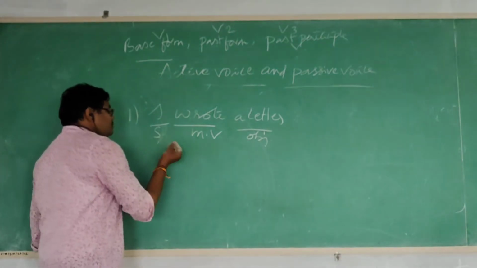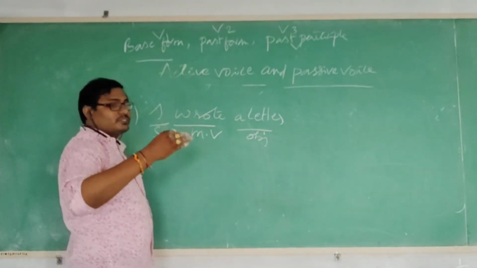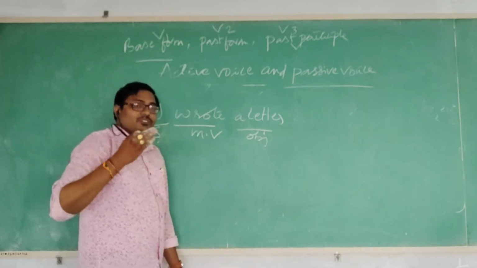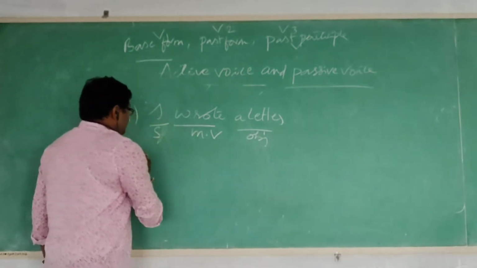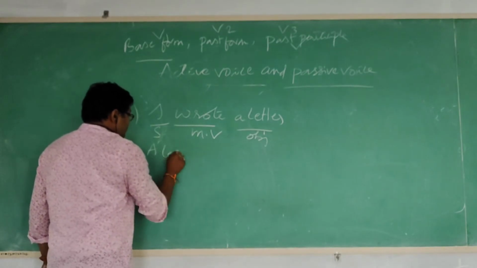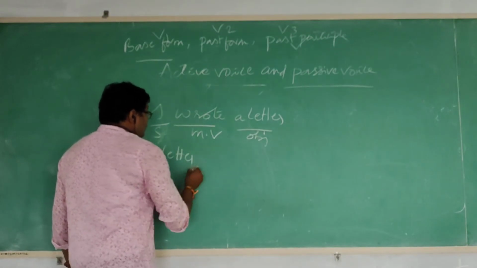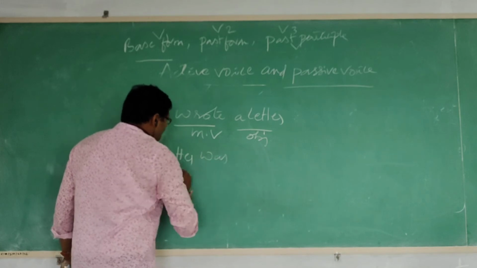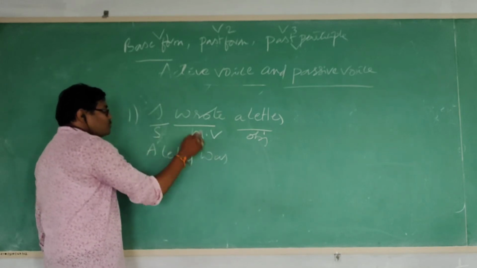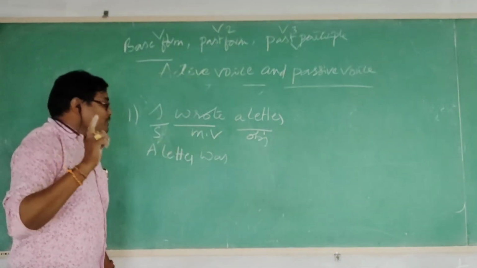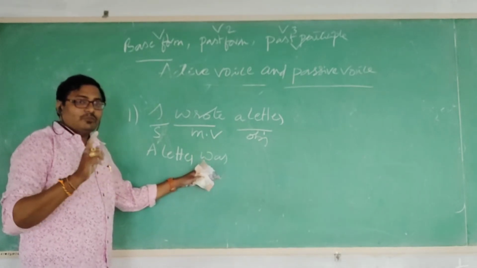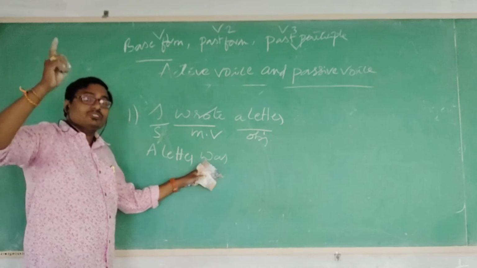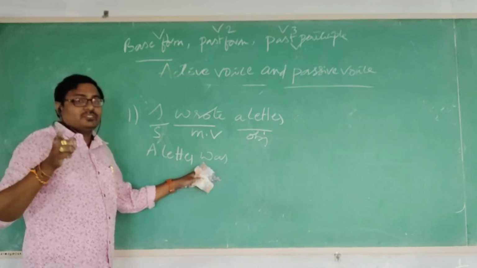Now, if you want to convert the sentence into passive voice, we can follow the 6 steps. A letter was written, because we have to use was. Why? Because was is the helping verb in simple past tense.